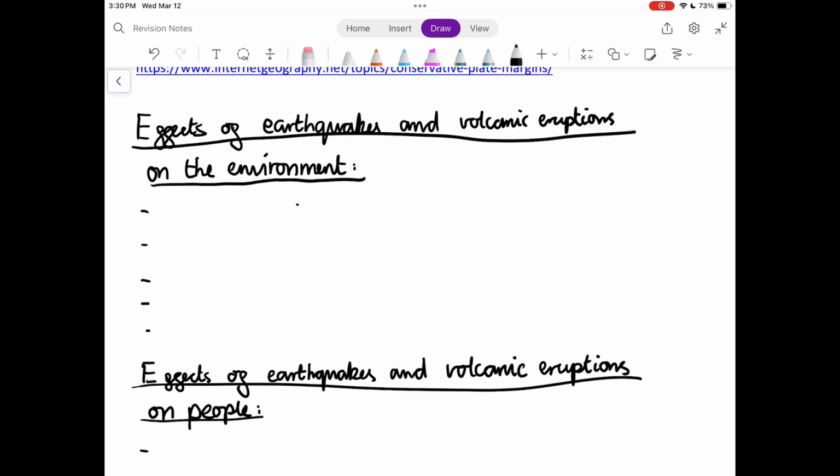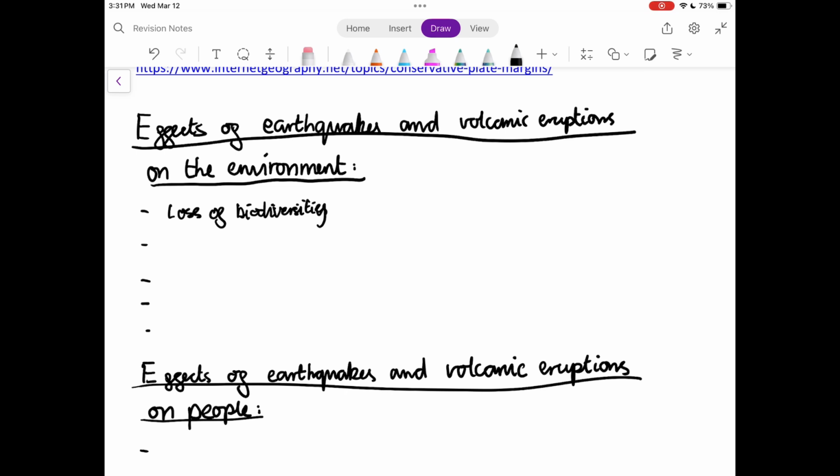So first we'll be looking at the effects of earthquakes and volcanic eruptions on the environment. So this can cause a loss of biodiversity, and this is because the habitats of different species may be destroyed in the event of an earthquake or a volcanic eruption.